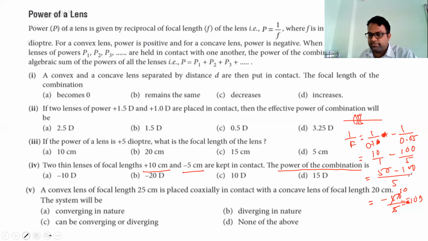The power of the combination is P is equal to 1/f1 plus 1/f2. So this is your minus 10 diopter. So option A is the correct answer. Right?